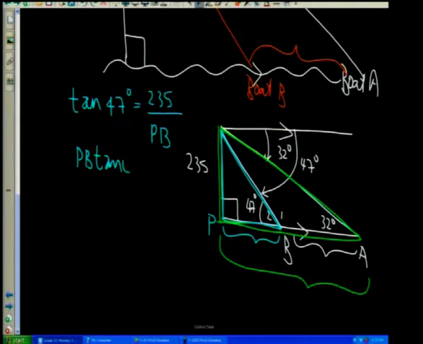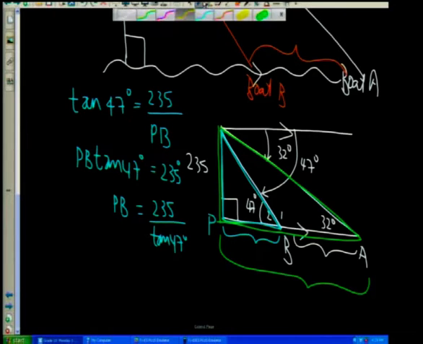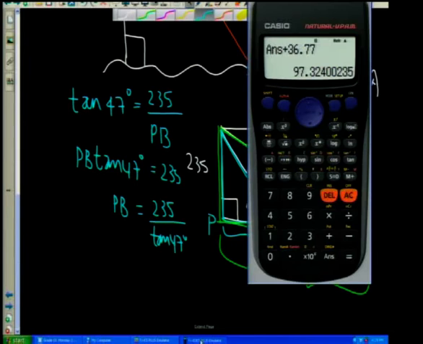PB tan 47 equals 235. Then to isolate PB, I get PB equals 235 divided by tan 47. Using the calculator, 235 divided by tan 47 gives us 219,14.